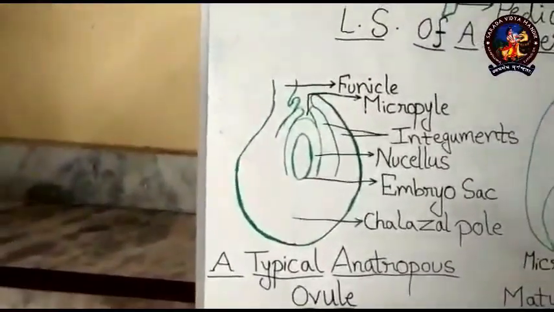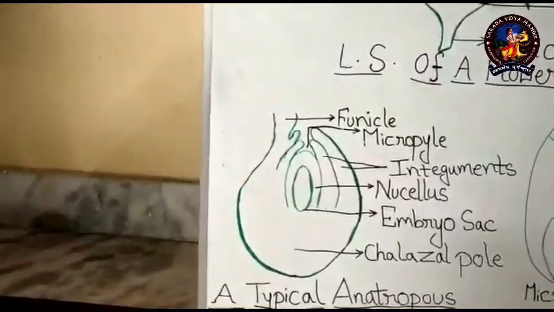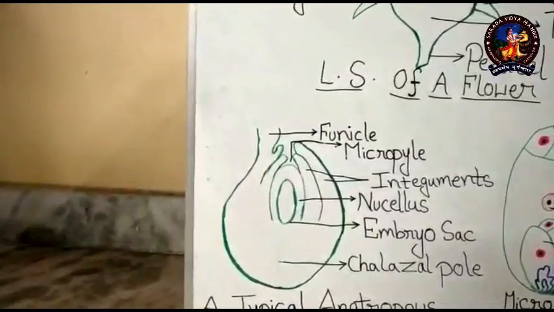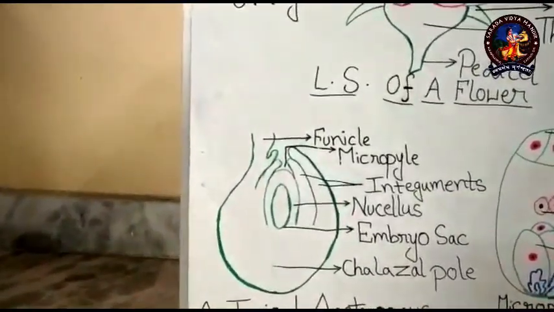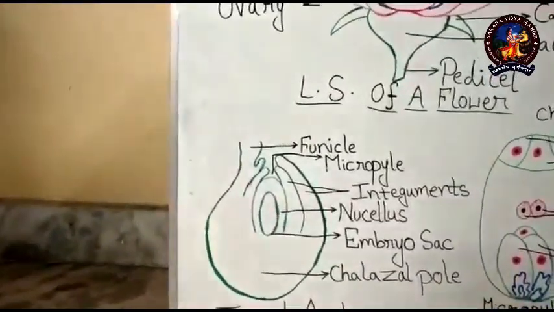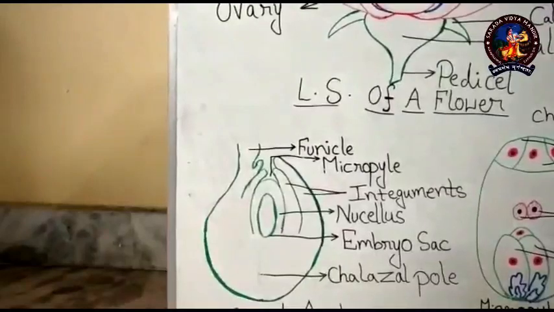Inside, the ovule is externally protected by two integuments, and then there is a nutritive layer called the nucellus, that gives nutrition to the developing embryo or the other cells which will form later in the embryo sac.